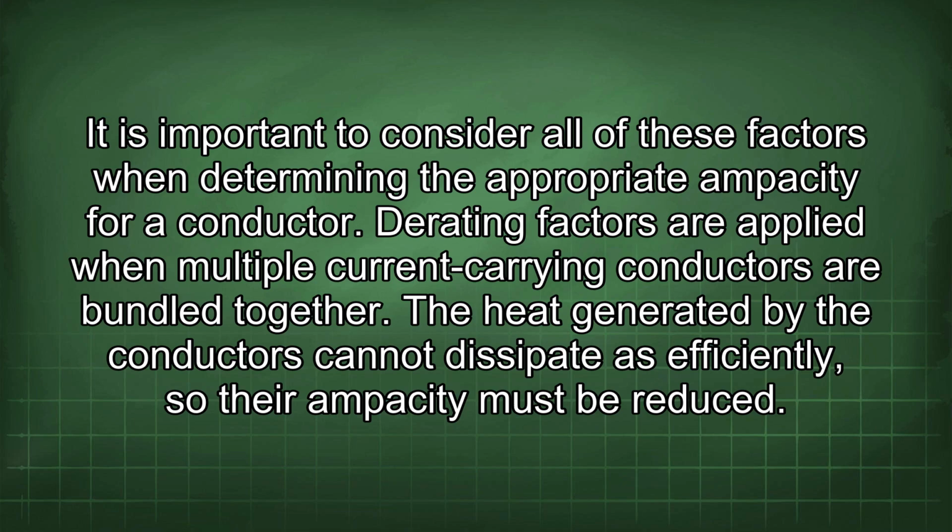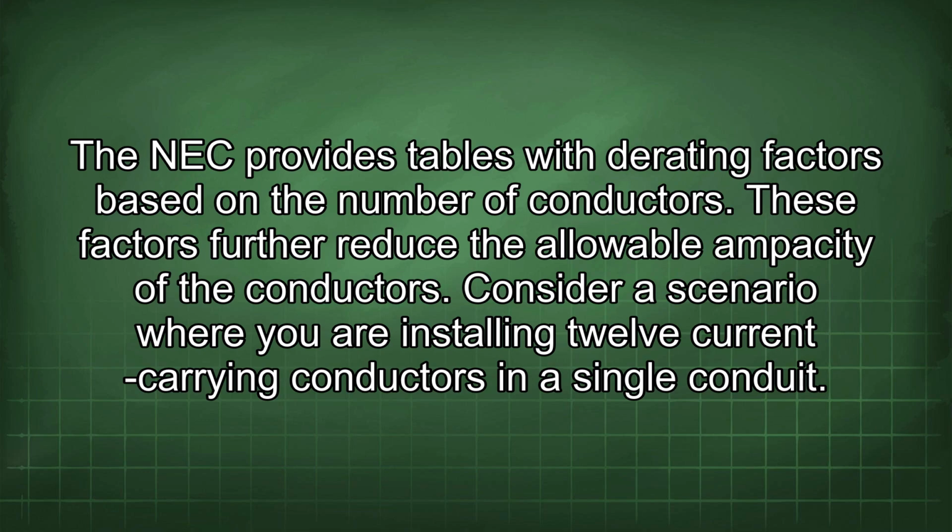Derating factors are applied when multiple current-carrying conductors are bundled together. The heat generated by the conductors cannot dissipate as efficiently, so their ampacity must be reduced. The NEC provides tables with derating factors based on the number of conductors. These factors further reduce the allowable ampacity of the conductors.